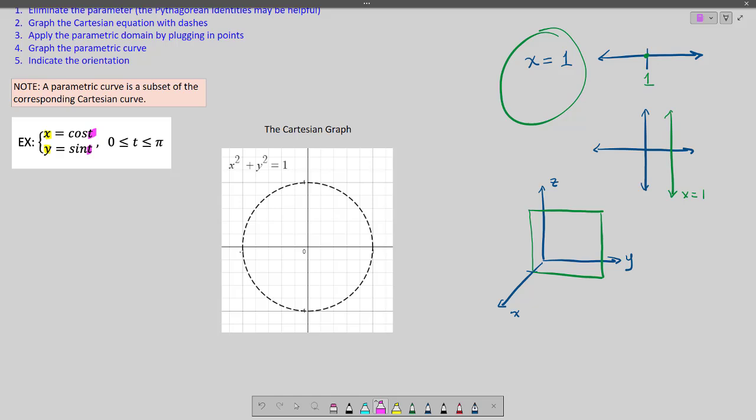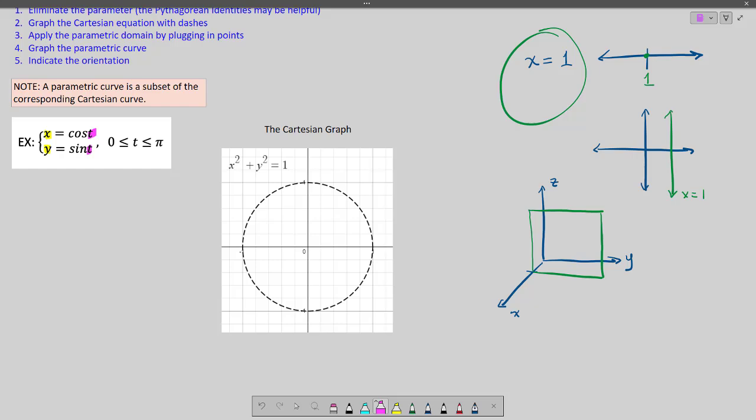The number of parameters tells you the dimension of the object. Like a curve is a 1-dimensional object. A surface is a two-dimensional object. So if there's one parameter, it's a curve or a line. Two parameters, it's a surface. So in Calc 3, you'll jump from parametric equations in 2 space to parametric equations in 3 space.